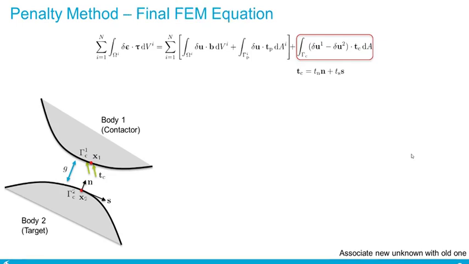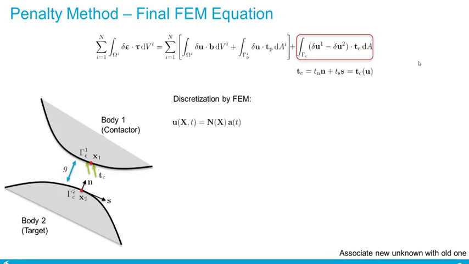So the final finite element equation with the penalty method can be simply represented by expressing Tc as a function of our displacement u. Once we relate Tc with u, we can then start our discretization process by the finite element method.